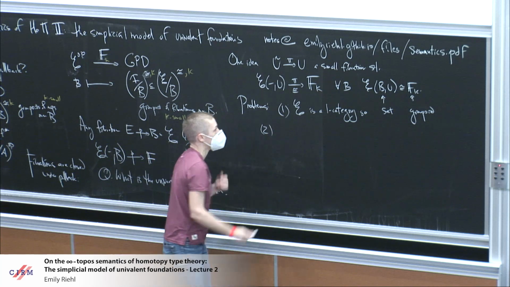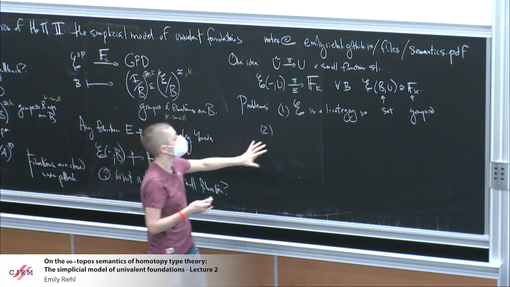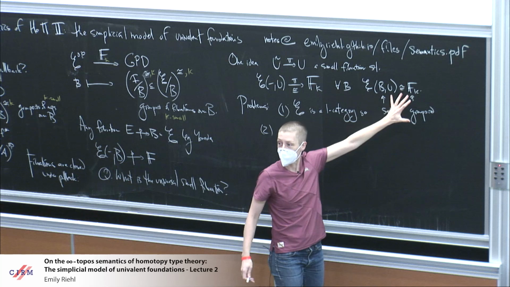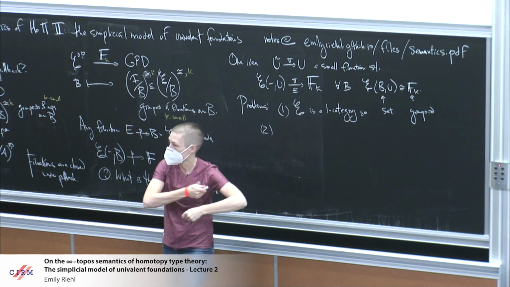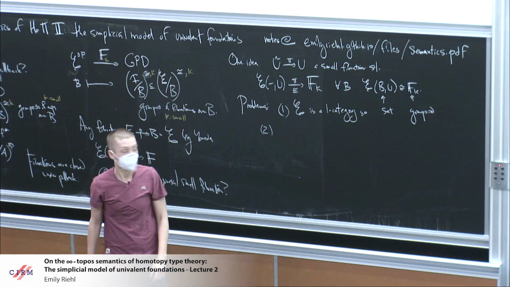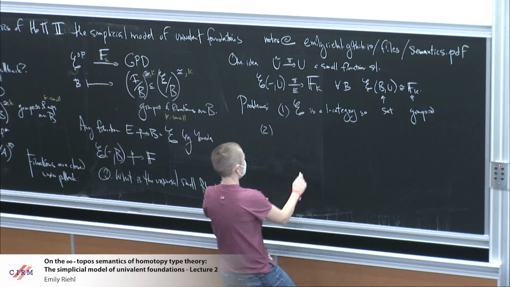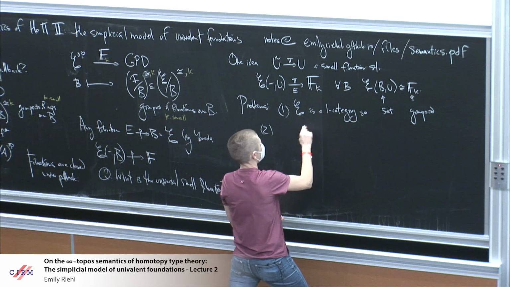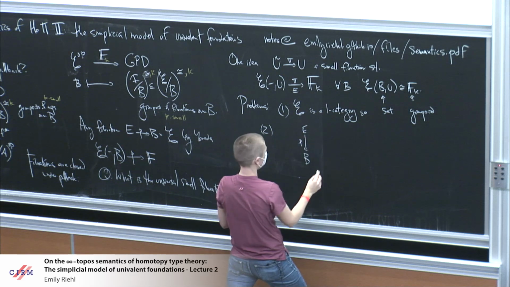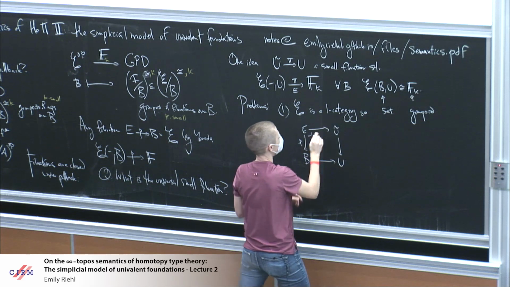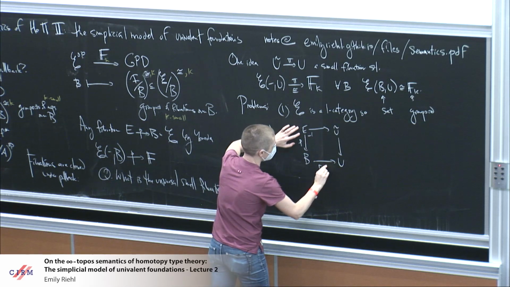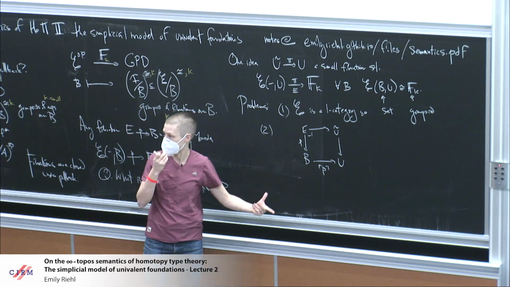Another issue is if we think more naively about what it would mean to have a one-to-one correspondence between maps from B into U and fibrations over B, we can see some problems. If I had a fibration P that is classified, if I had this one-to-one correspondence, then there would be a bijection between fibrations over B and these classifying maps.